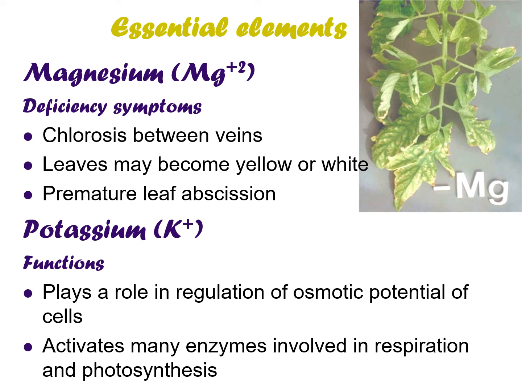Unlike other macronutrients, potassium is not structurally bound in the plant, but like nitrogen and phosphorus, it is highly mobile. Potassium also activates many enzymes involved in respiration and photosynthesis.